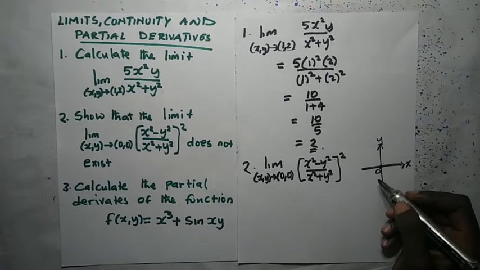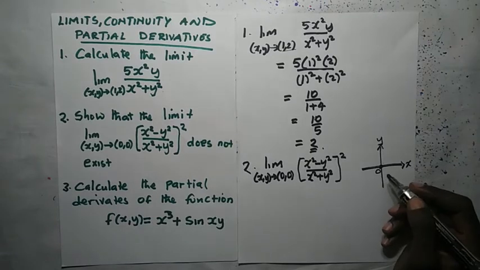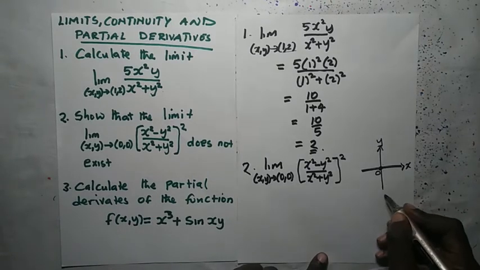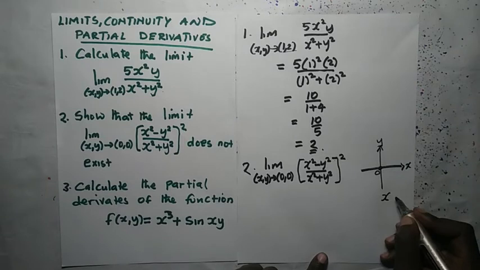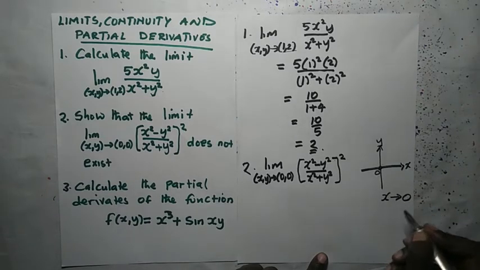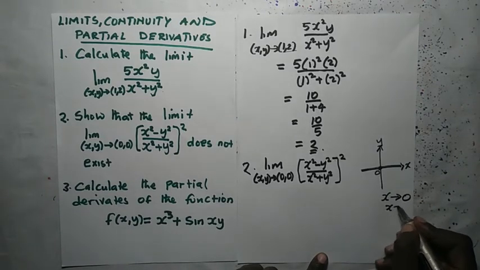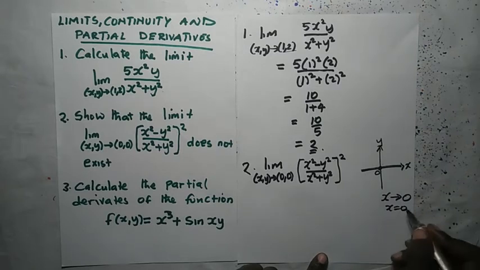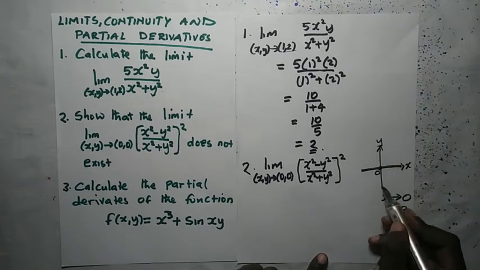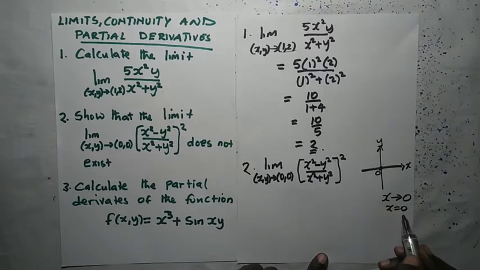Number one, we are going to see what the limit is as x approaches 0, or from x is equal to 0. X is equal to 0 is just the y-axis. So from the y-axis point of view, what is the limit?